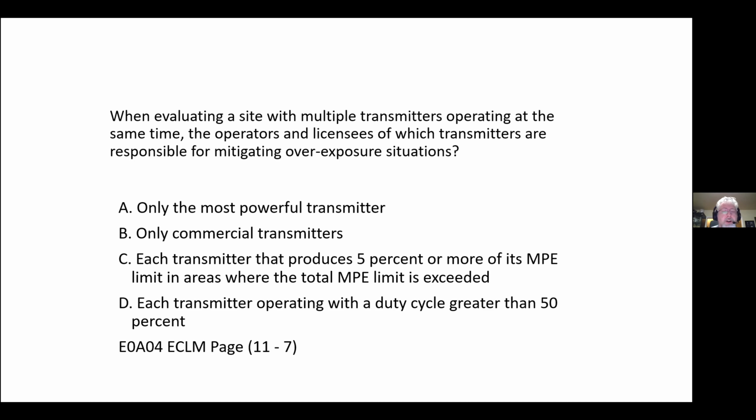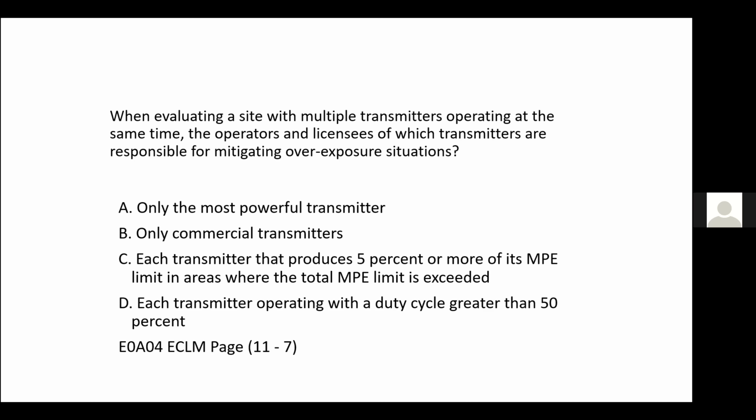B, only commercial transmitters. C, each transmitter that produces 5% or more of its MPE limit in areas where the total MPE limit is exceeded. Or D, each transmitter operating with a duty cycle of greater than 50%.